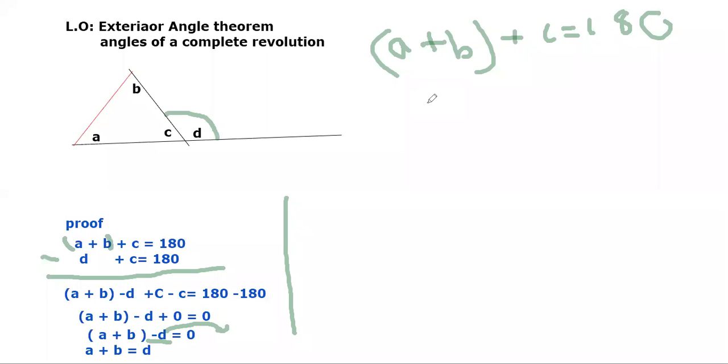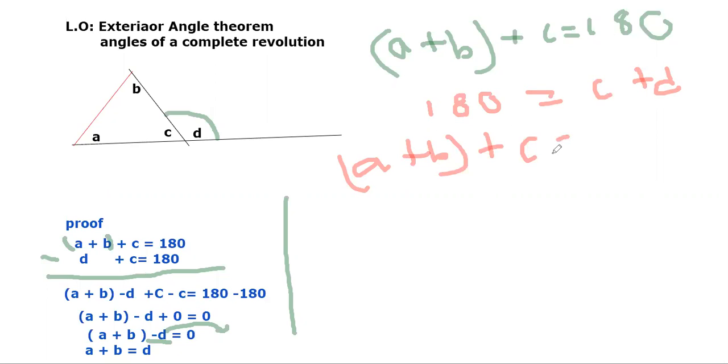I can just make this one to be 180. Here, 180 is equal to C plus D, right? I think it will be very easy for you. Where we have 180 here, I put C plus D, so it will be A plus B. It's just a matter of substitution. Either way, it will have worked.